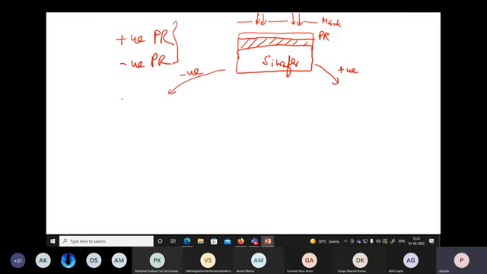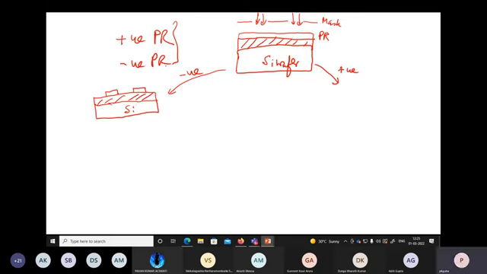So in case of negative photoresist, this is my silicon wafer, this is my SiO2, and you will have resist here after developing.